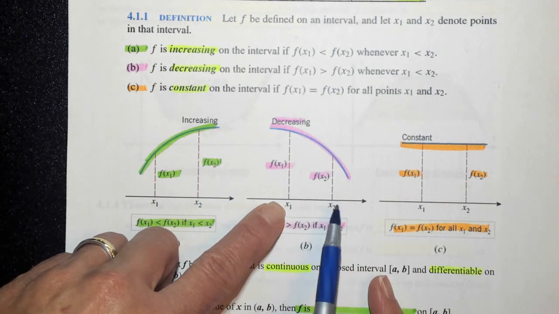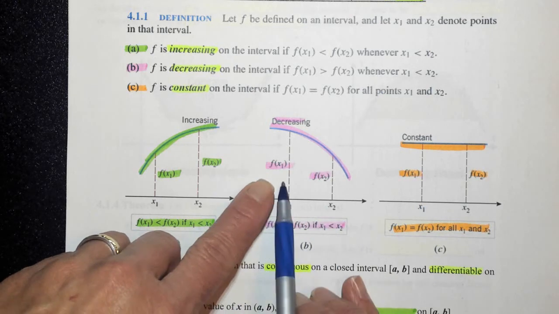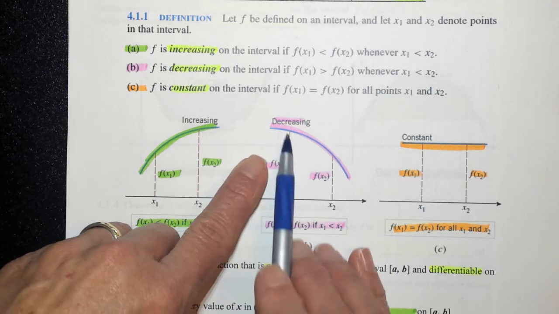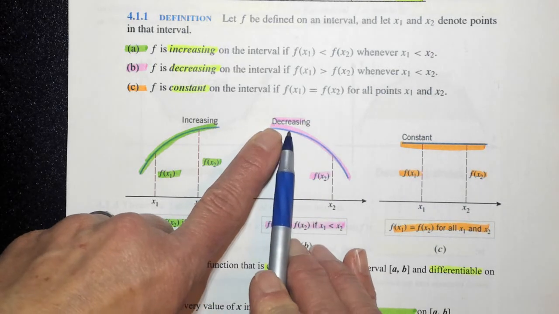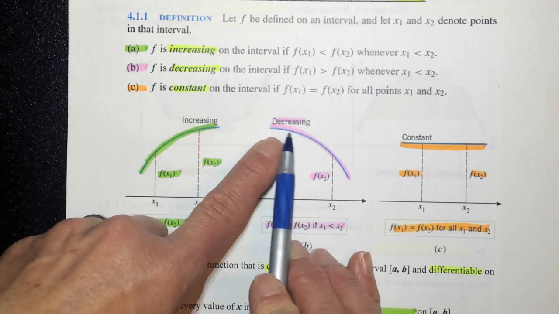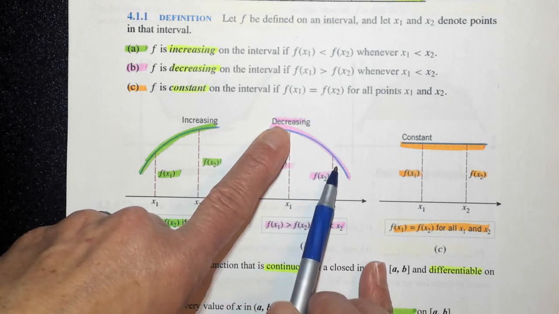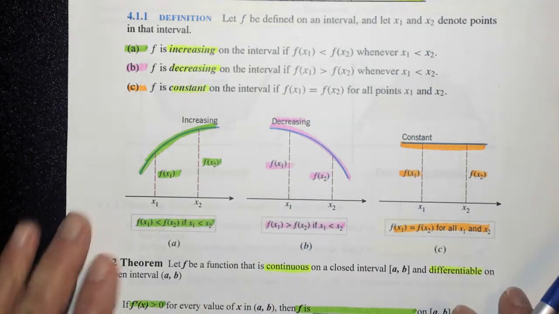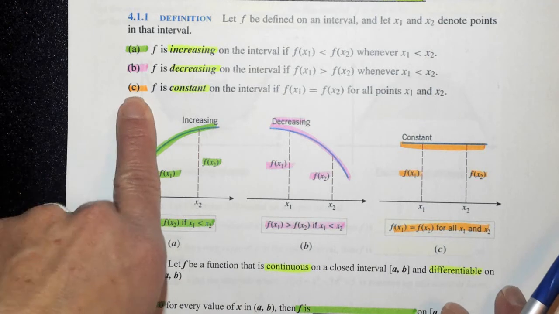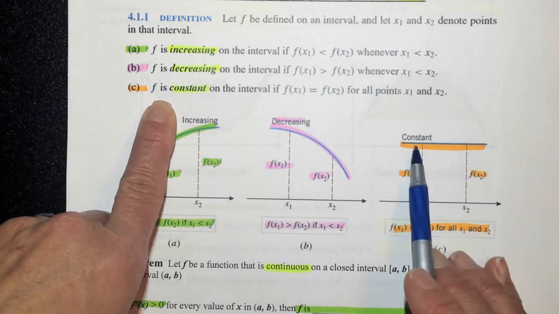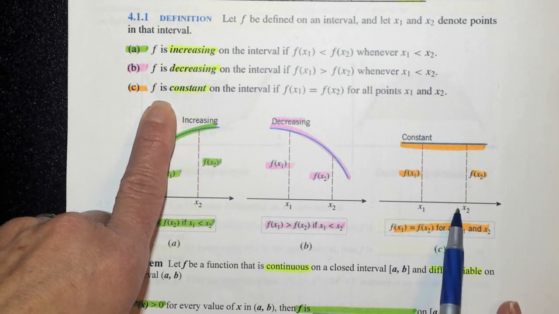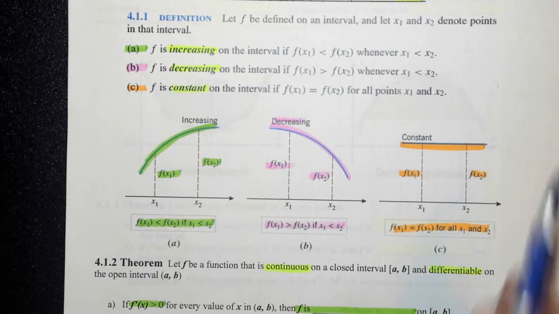This is my first x value, this is my second x value, but my y value is greater than the y value here for x sub 2. Therefore, as you plot these points and graph your function, this function right here is said to be decreasing. In turn, your function is said to be constant over the given interval if your y values are equal to each other over that given interval, which should make sense here.